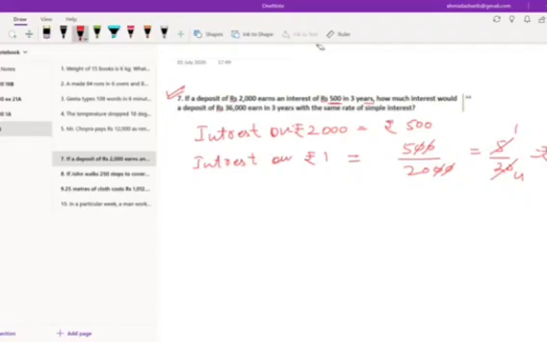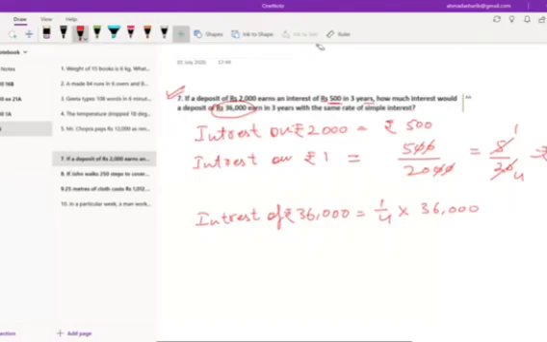So if you have deposited now 36,000 rupees, how much interest will you get? So interest on 36,000 rupees is equal to 1 upon 4 multiplied by this. Now solve this and tell me the answer.